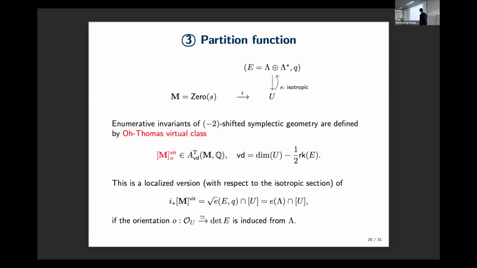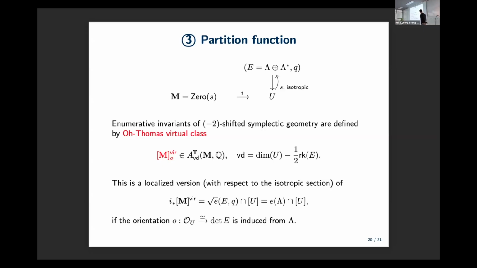I forgot O here. So here O means the choice of an orientation data. And this orientation data is some choice of an isomorphism of this shape. And if you choose an orientation data that's coming out of lambda, then this choice of a square root is exactly the Euler class of lambda. Because we are choosing some square root, there is always an ambiguity of a sign.